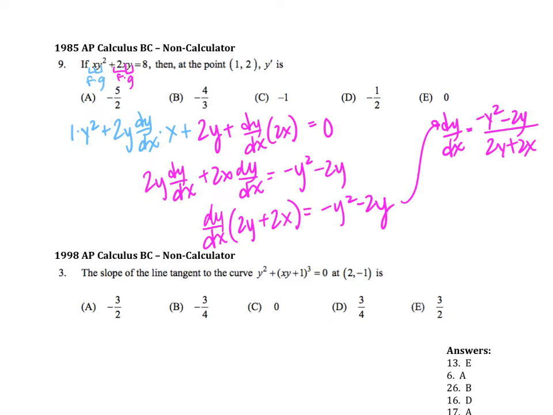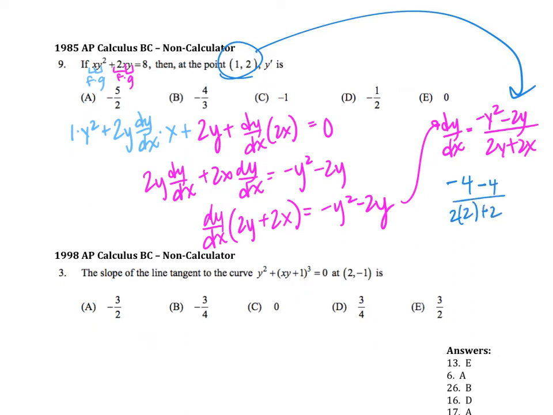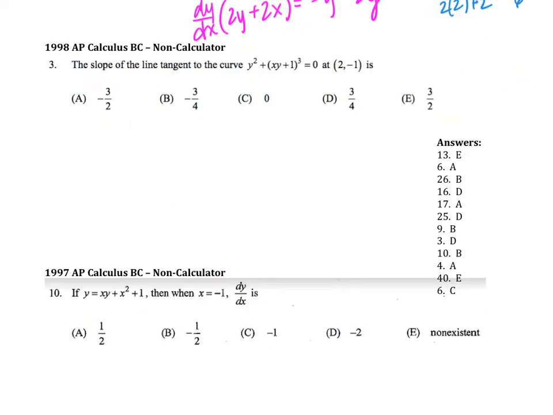They want us to evaluate that at the point (1, 2). I'm going to go plug that in, and I'd get negative 4 minus 4 over 2 times 2 plus 2, leaving me with negative 8 over 4 plus 2 is 6. Final answer, negative 4/3. On my answer key for this one, I wrote wow, just because it's a little lengthy, okay?